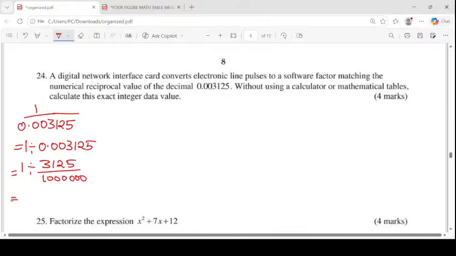And when you work it out, this will now become 1 times 1 million divided by 3125. When you take 1 million and divide this by 3125, you get 320.